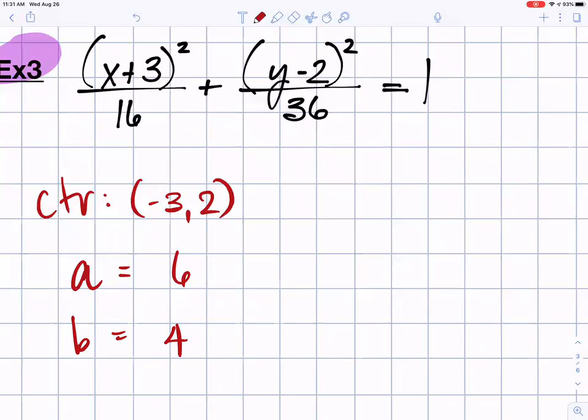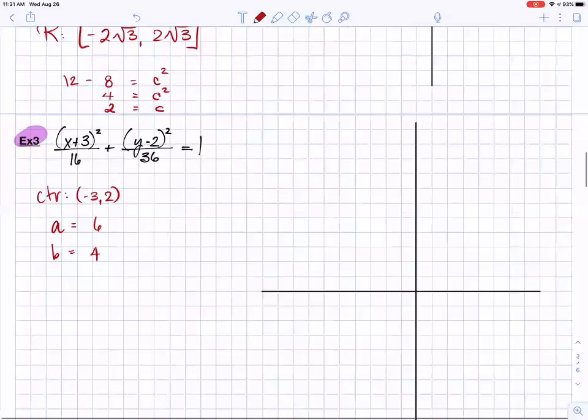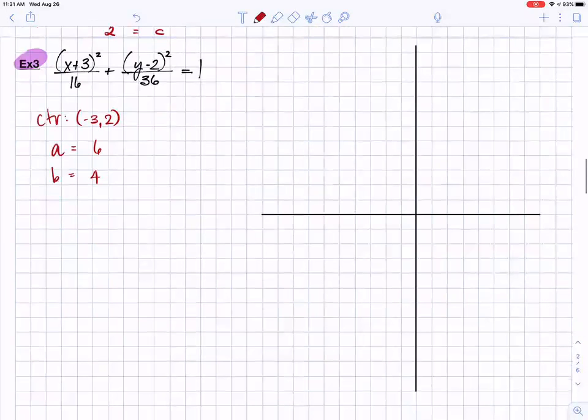Okay, I'm supposed to graph. So let's put some numbers on your graph. We've got -3, 2. There's a center. Which direction do I go from the center?